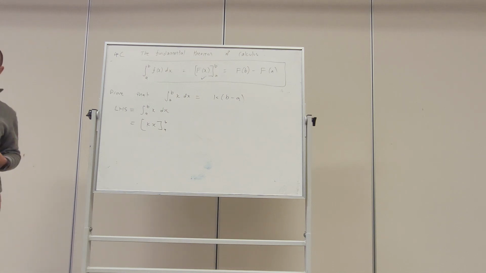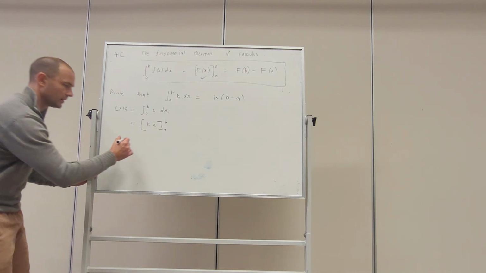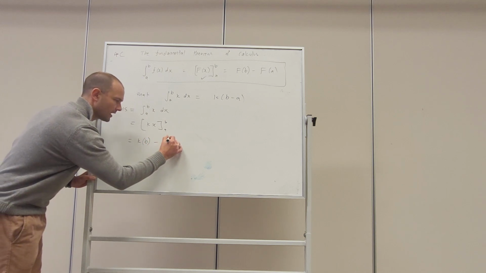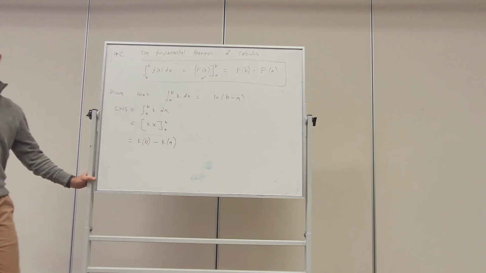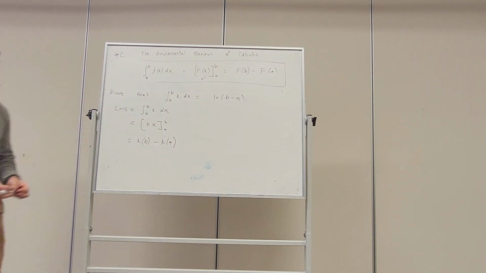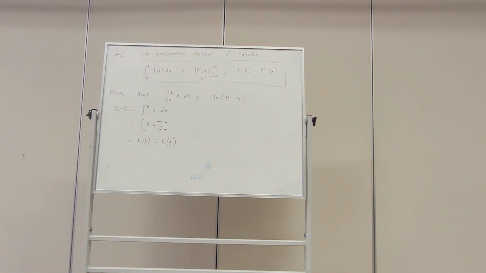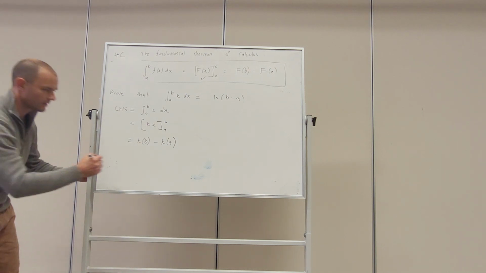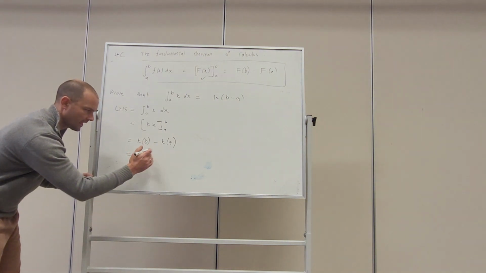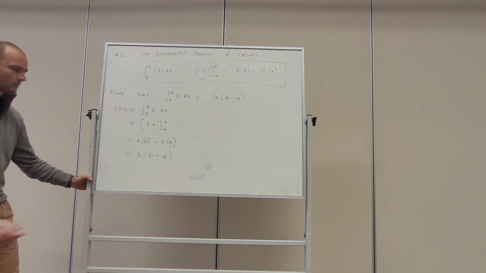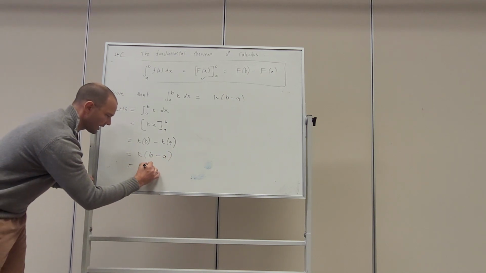Now, when we sub in the x value, this would equal k times b, take away k times a. So now we're at that step of the fundamental theorem of calculus, and we're very close. All we would do is factorise k, and we'd be left with b take away a, which equals the right-hand side.